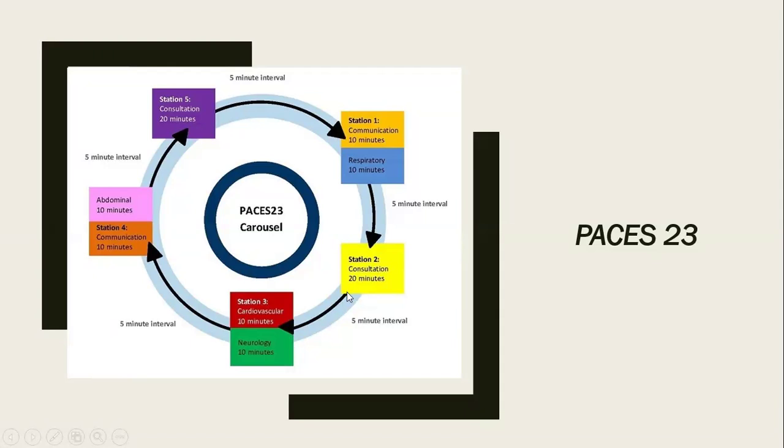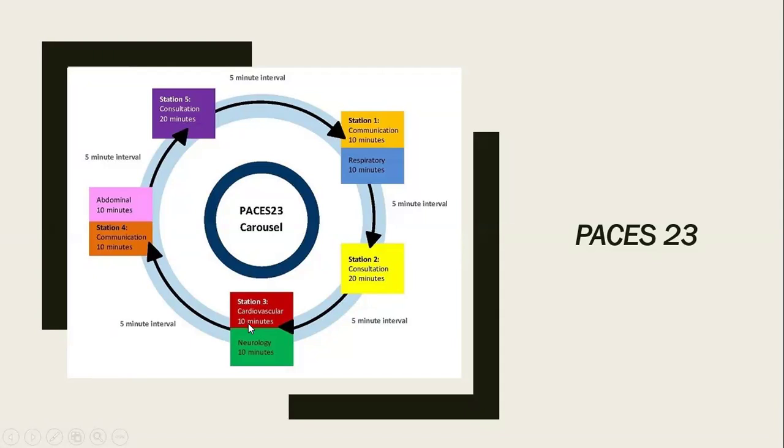In this period you will not be facing any sort of scenario, and you will be free to relax, to have a sip of water and to sit down, because after this interval you will be facing station 3, in which there are two subdivisions.